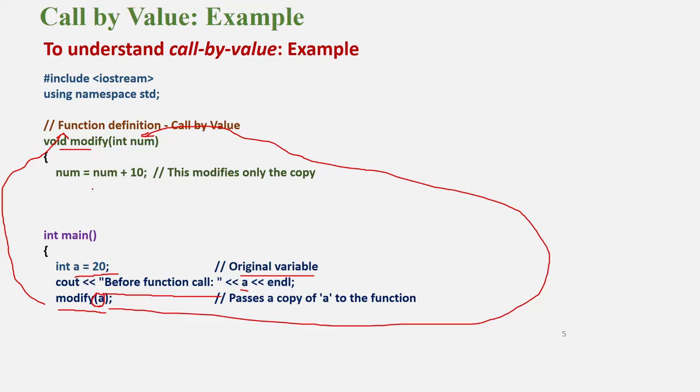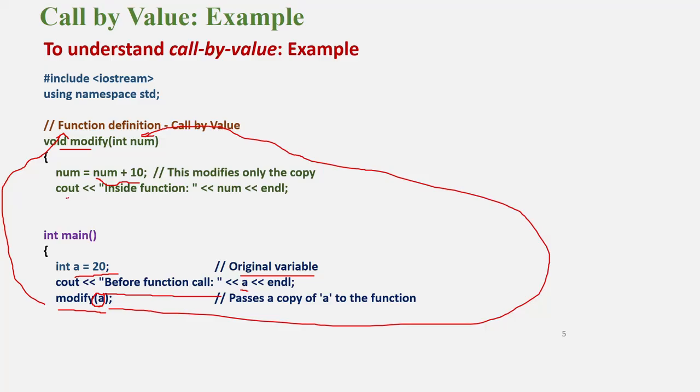Now in modify, we are updating the value of num by 10. So num will be updated as num plus 10, which will obviously be 30. So now the copy of a, that is num, will be modified.